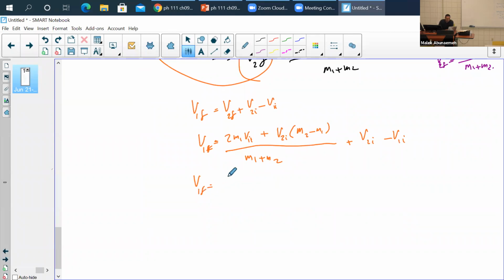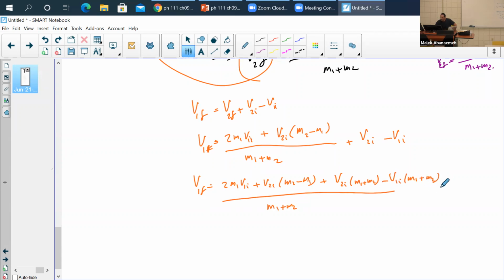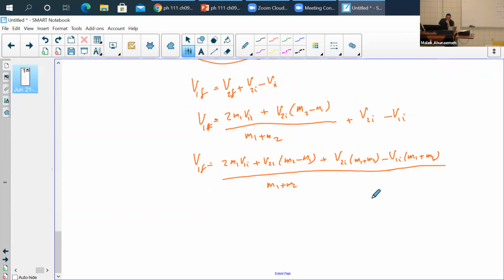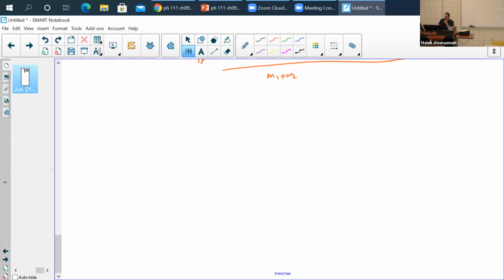So V1 final is going to equal 2M1 V1I plus V2I times (M2 minus M1) plus, let's go ahead and make it all under your M1 plus M2, so you get V2I times (M1 plus M2) minus V1I times (M1 plus M2). Well, let's open up the parentheses a little bit, shall we?